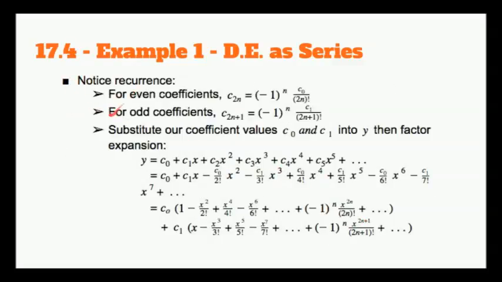Notice the recurrence for even coefficient: c2n equals negative 1 to the power of n times c0 over 2n factorial.